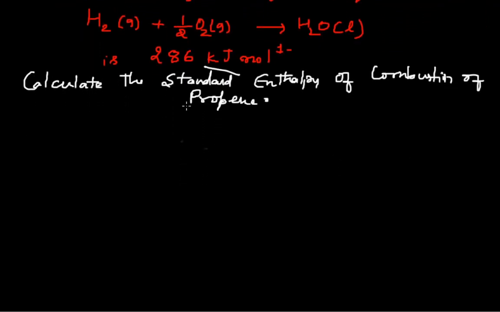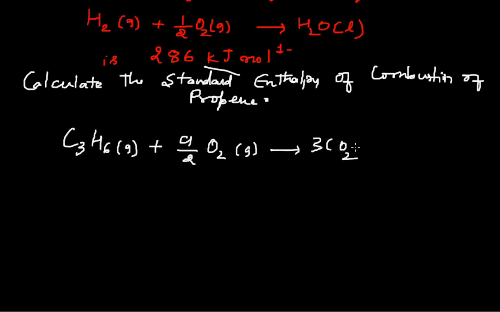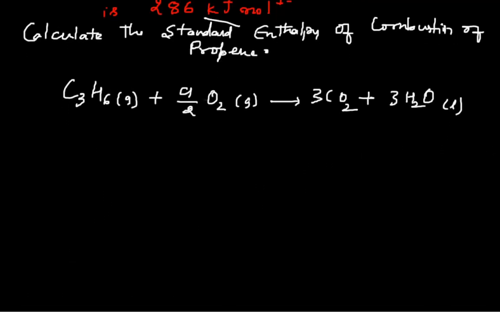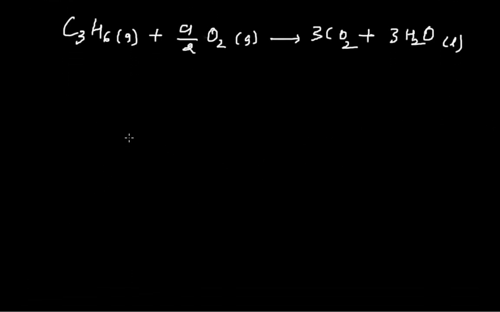So what is the combustion of propene? The formula of propene is C3H6 gas plus 9/2 oxygen, again gas, gives carbon dioxide plus water. This reaction can be recreated using C3H6 gas plus H2 giving propane.